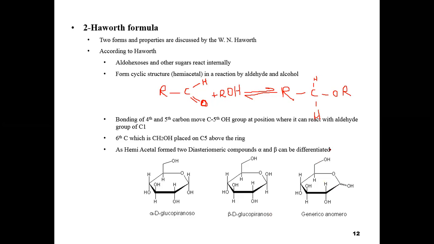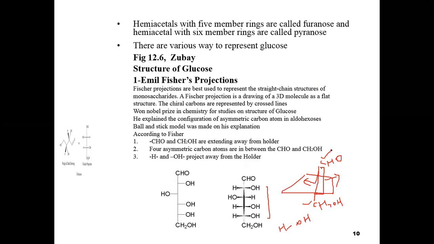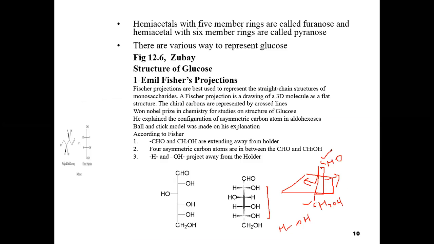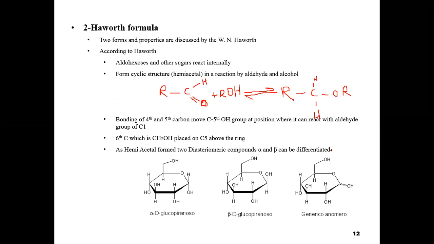According to Haworth, this is how these two forms can be obtained. I was telling you about the hemiacetal and hemiketal forms of molecules. Haworth explained the hemiacetal and hemiketal forms of the molecule. According to Haworth, aldohexoses and other sugars react internally and make their cyclic structure.